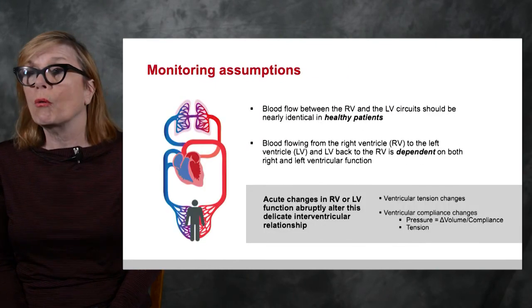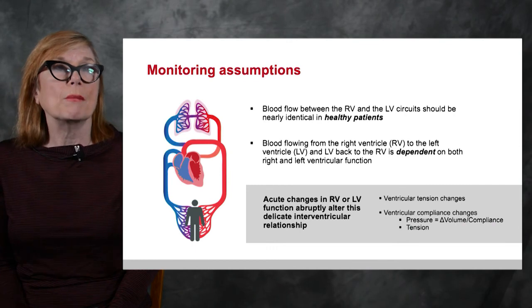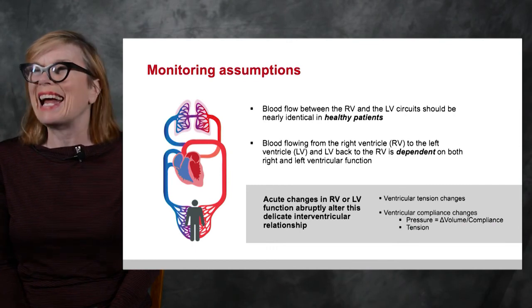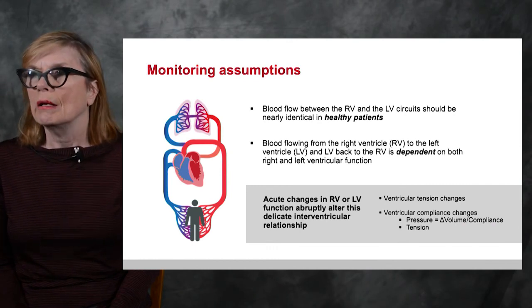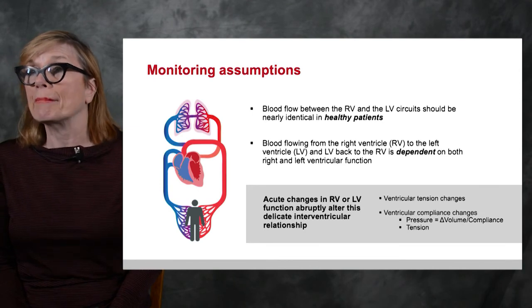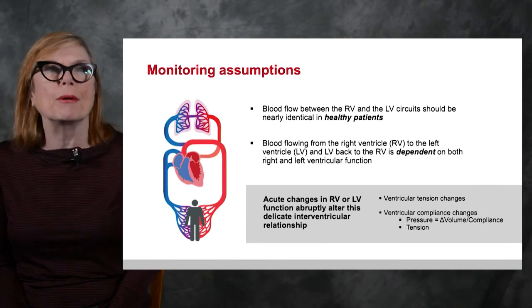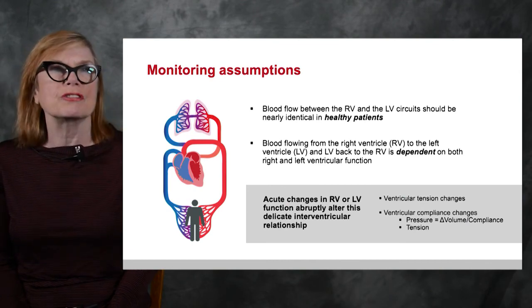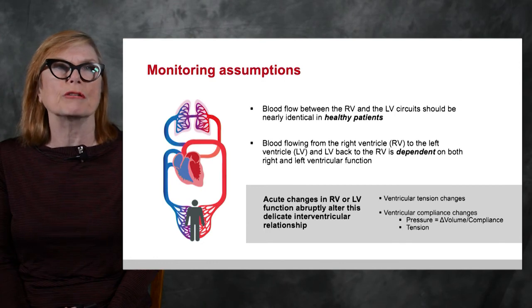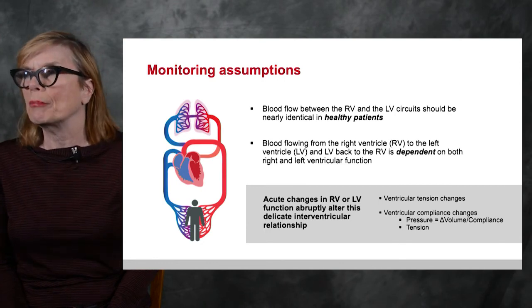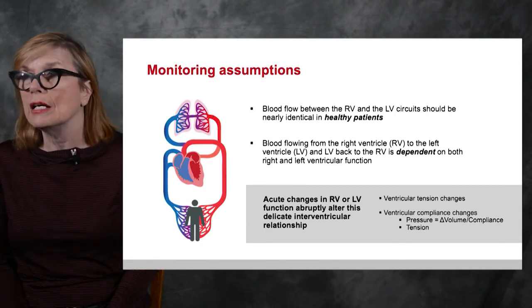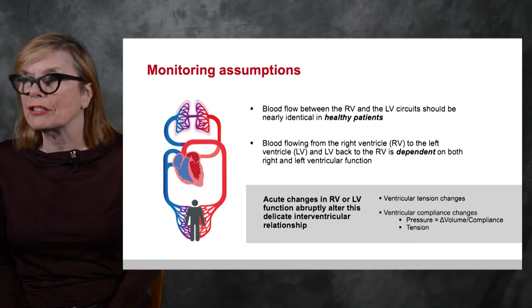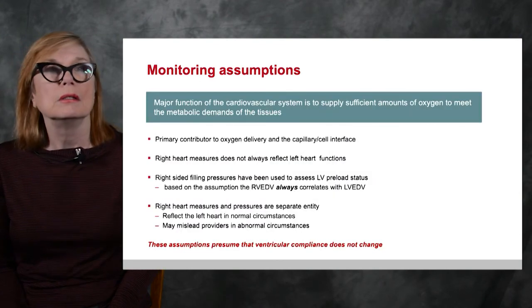So most important for us to remember is that we don't want to assume that right and left are the same. They are basically the same in a very stable, healthy population. But we must remind ourselves that any acute changes that occur in right ventricular or left ventricular function will significantly and profoundly affect this very delicate, synergistic balance.